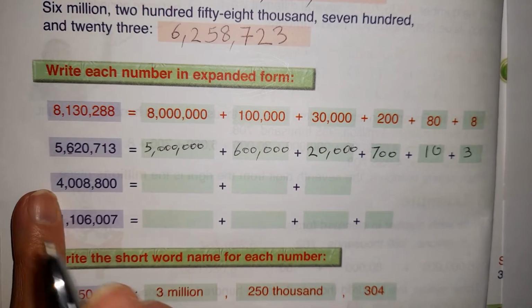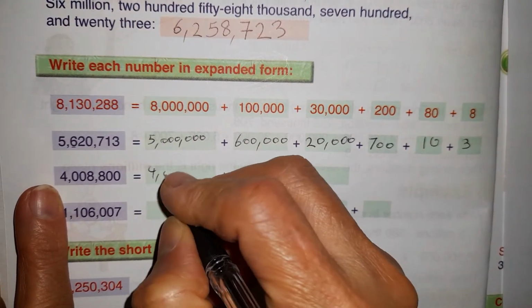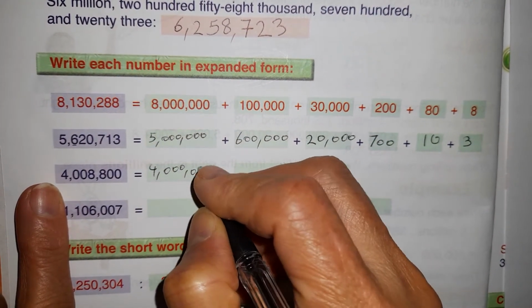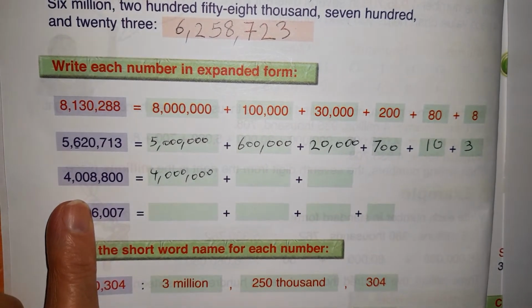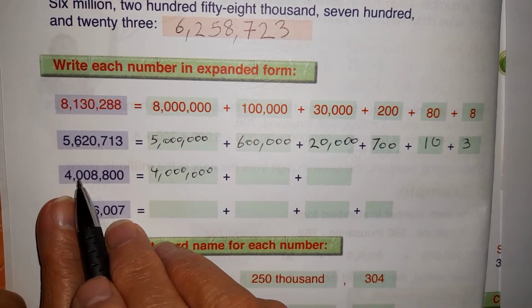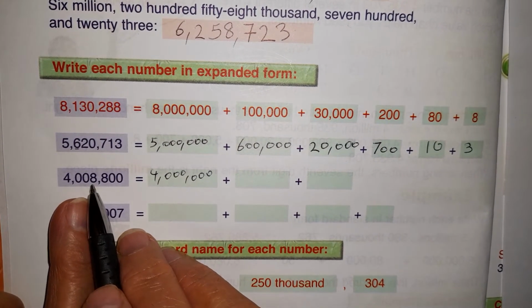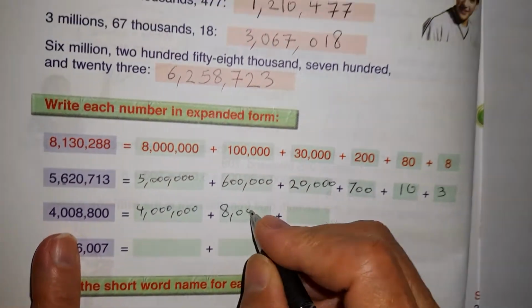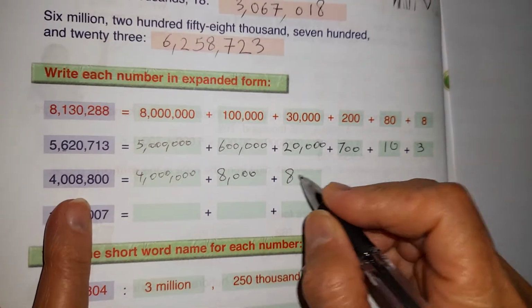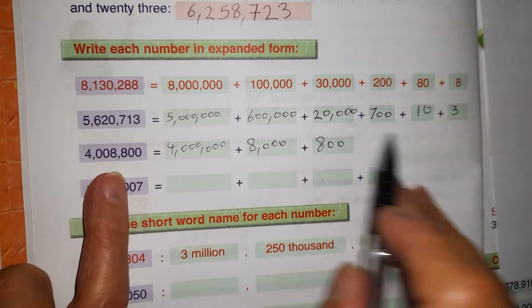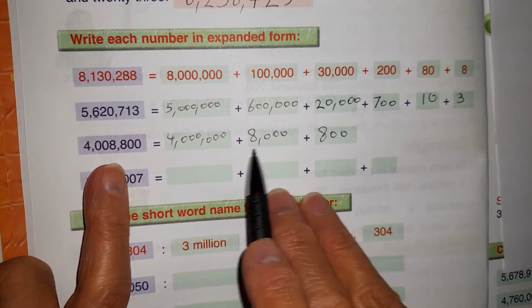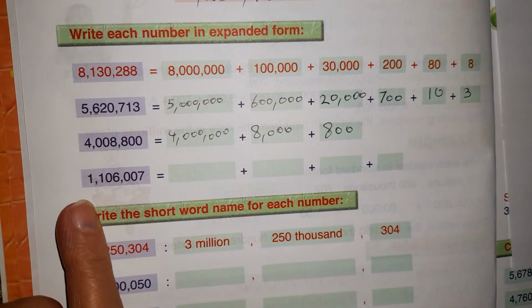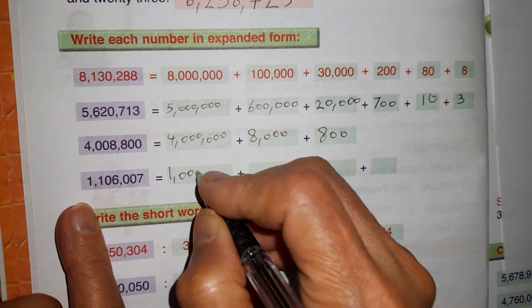Again, I will repeat. It is 4 millions with 6 zeros. I will skip the hundred thousands and the ten thousands. I will go to the thousand. It is 8,000 and then 800. We call this expanded form. You put 0 between. 1 million.